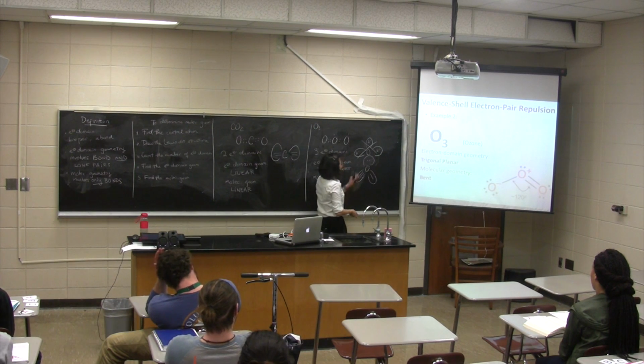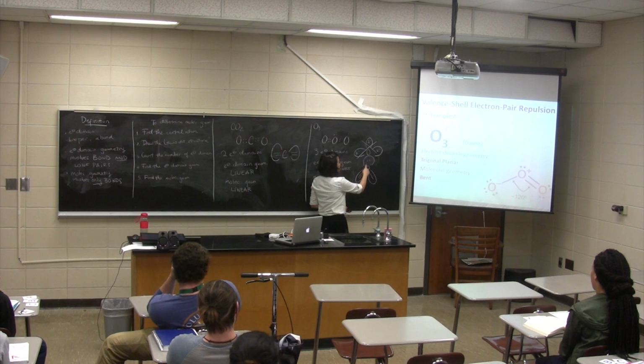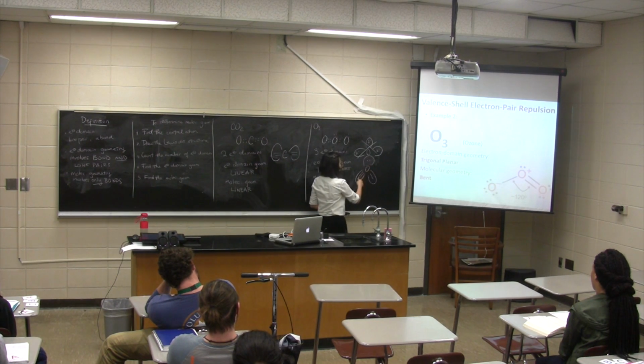Okay. So the reason is, right now, this molecule still has a lone pair up here. Okay? And lone pairs repel more strongly than bonding pairs. So that means between this lone pair and this bonding pair, the angle is actually more than 120 degrees.